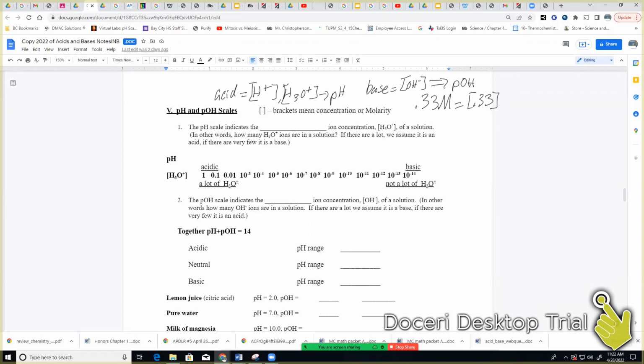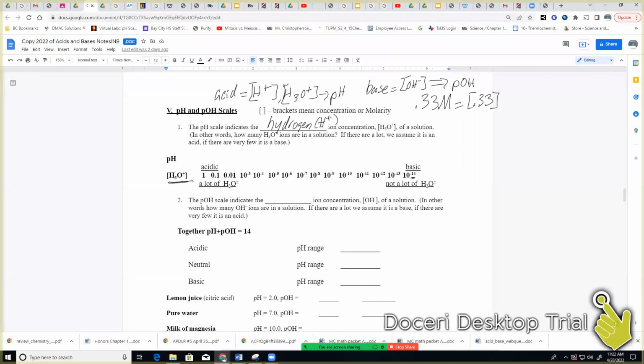All right, so the pH scale indicates the hydrogen ion, which is your H plus concentration, or hydronium, in a solution. So it's looking at how many of those ions are in solution. The more ions that are in solution, the more acidic it is, and the lower the pH would be. And the pH scale is a logarithmic scale, which if you look at it as my concentration, because that's what we're measuring with all these numbers, as my concentration gets lower, my pH actually gets higher.